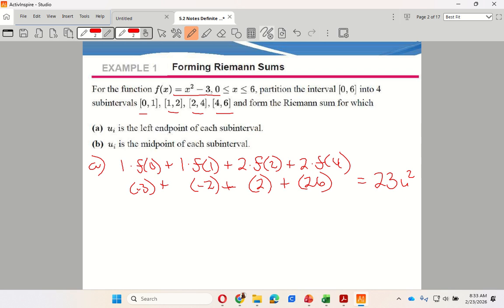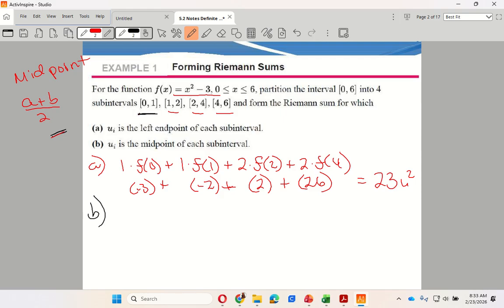All right, midpoint. Now, midpoint formula is actually going to be like this: a plus b divided by 2. So, still, delta x.